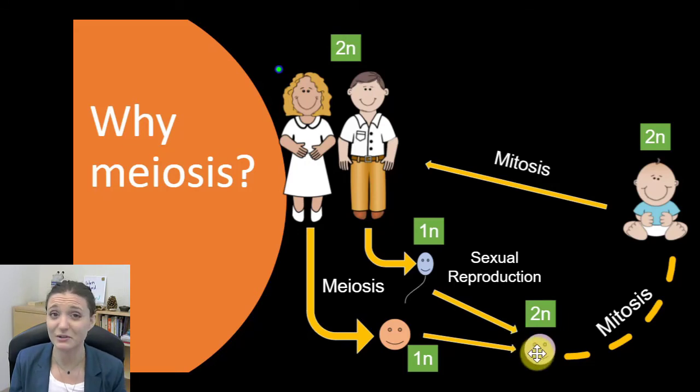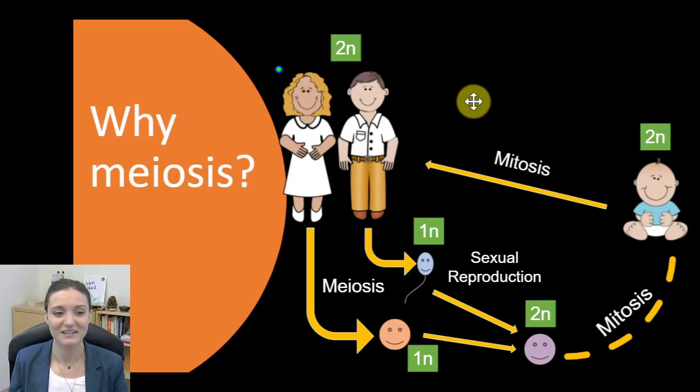It's a genetically unique individual because it's getting half of its chromosomes from one parent and half from the other, producing a brand new diploid organism. That new diploid cell, the result of sperm and egg fusing, goes through mitosis to form a new diploid organism, which will grow up to be an adult again and then reproduce.